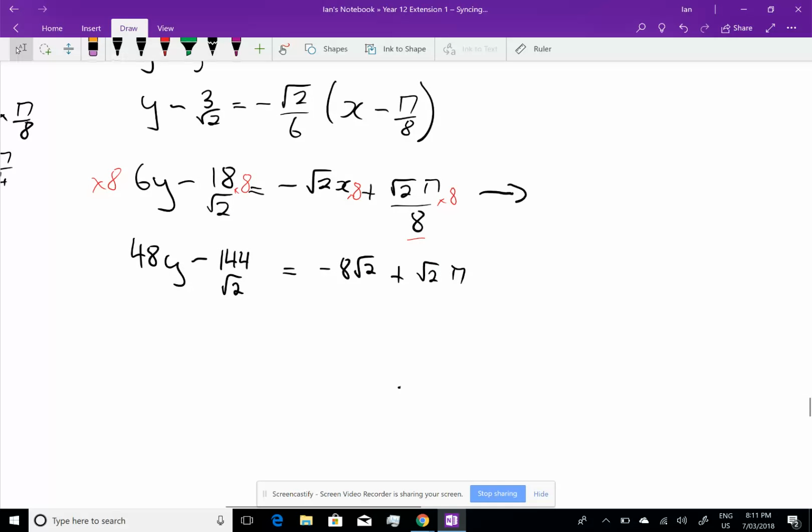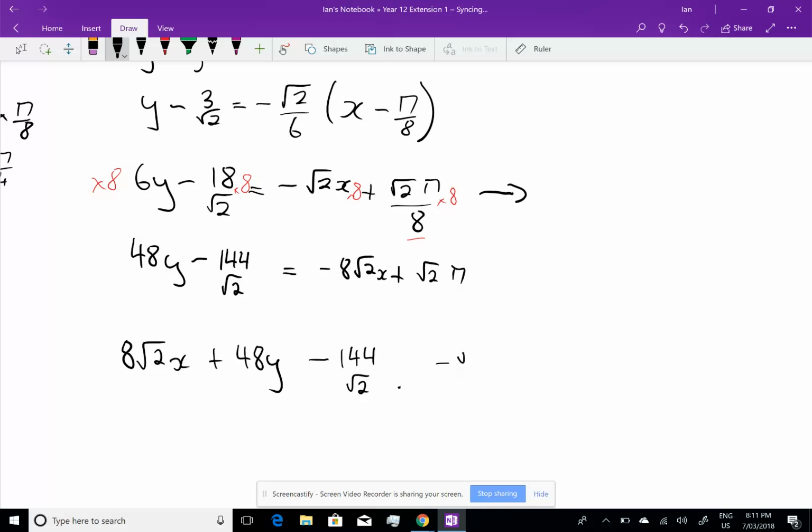And that's where she leaves it. Oh, sorry, there's an x there. She brings everything over. So you get 8 root 2x plus 48y. Where's your answer, Margaret? Minus 144 on root 2.